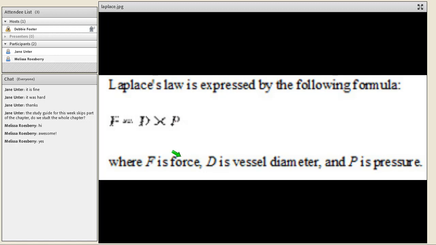That's not really the point, but this helps us with understanding pressure and how pressure changes, as well as how force is affected by that pressure change and the diameter change. Okay. So even if the pressure is the same, if you change the diameter, you change the force. And so just kind of know that.